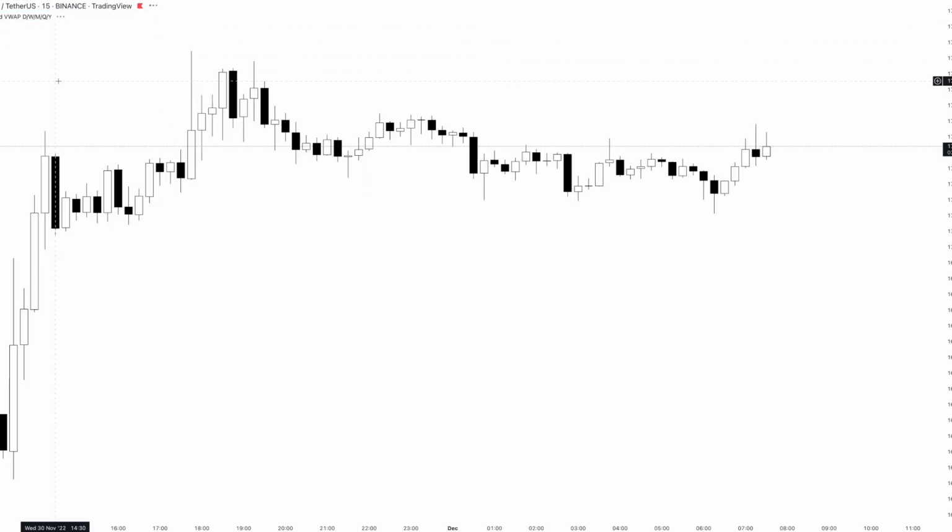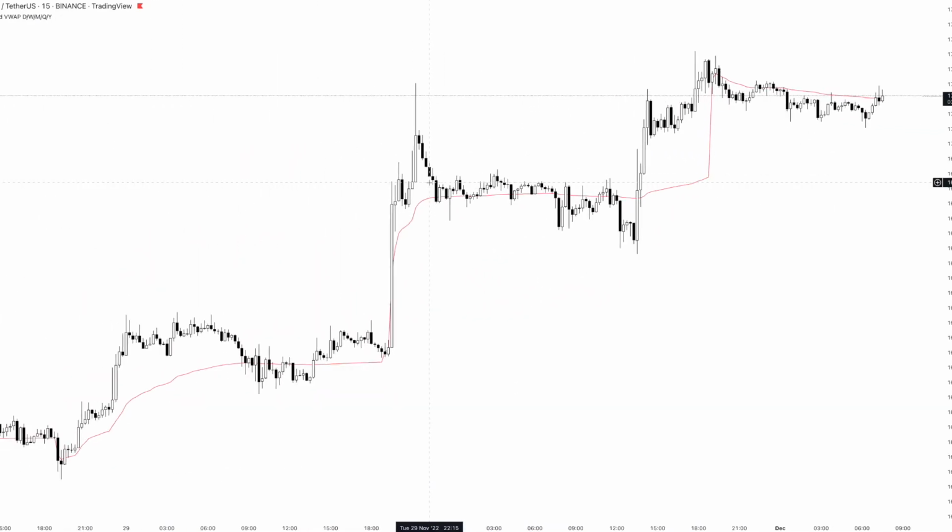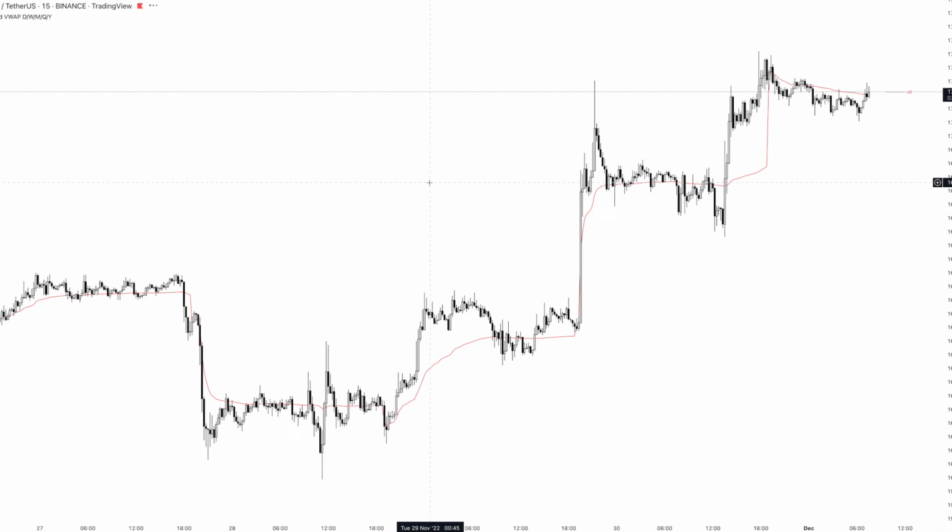All right, so on a 15-minute chart, you get the daily VWAP, which is anchored to the start of the day, so 7 p.m. Eastern. I like to use Binance charts. They have the most volume, they're the most reliable, they're the most accurate.